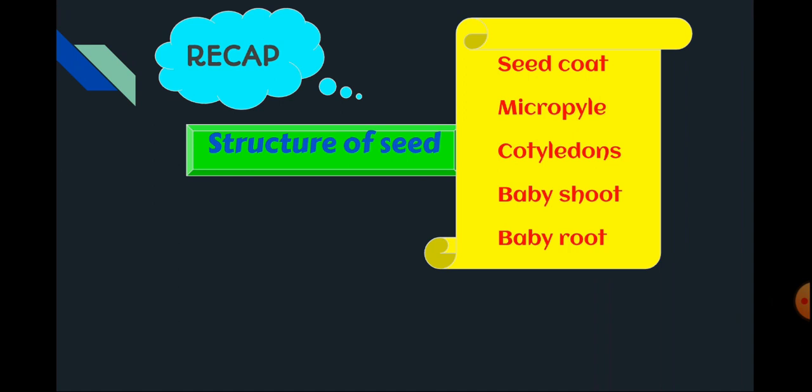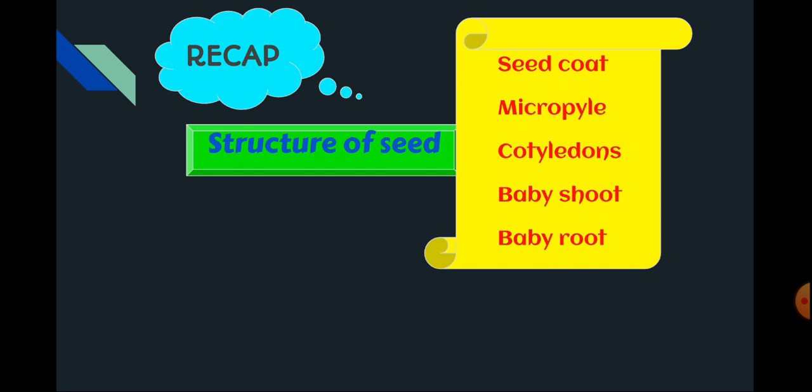Cotyledons are also called seed leaves and they store food for the plant. The baby shoot grows into the shoot system of the plant. The baby root grows into the root system of the plant. The baby shoot and baby root together is known as embryo.